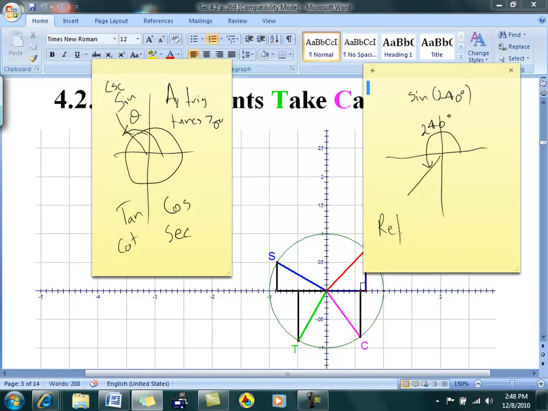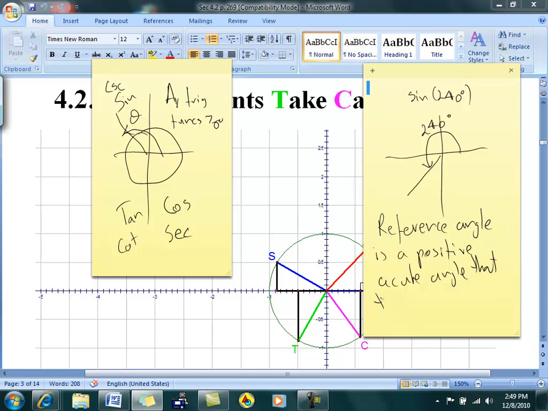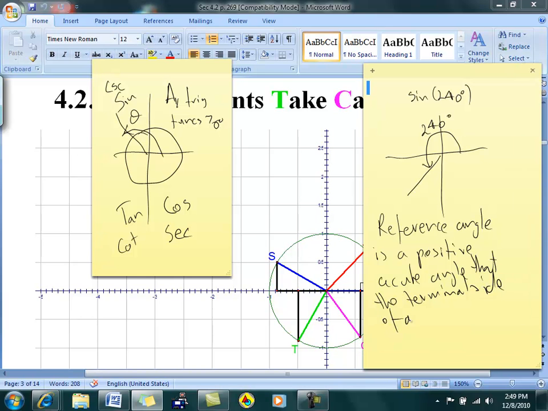A reference angle is a positive acute angle that the terminal side of an angle makes with the x-axis.